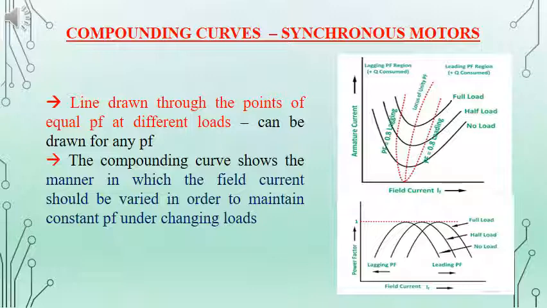For each V curve, we keep the load constant and vary the field current to get the V curve. And for different loads, we can find the points at which equal power factor occurs, and that is plotted in the graph given, and that is what is called the compounding curves.